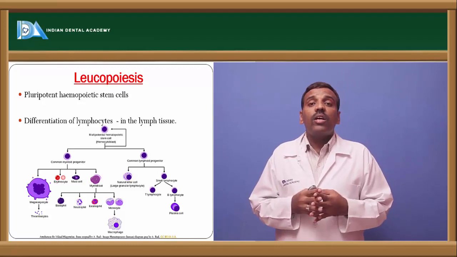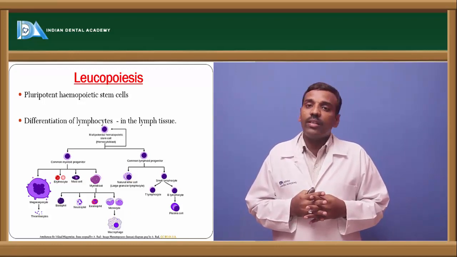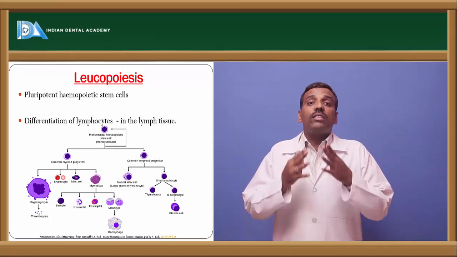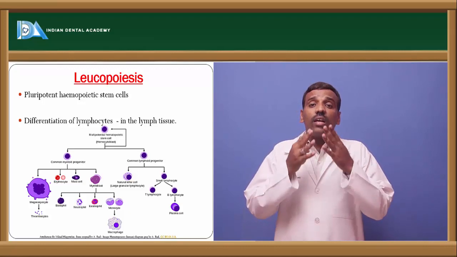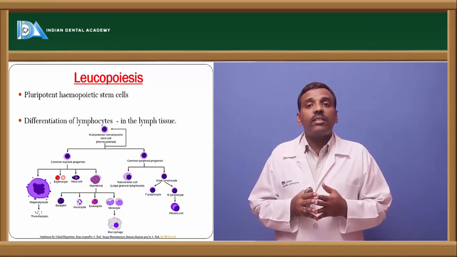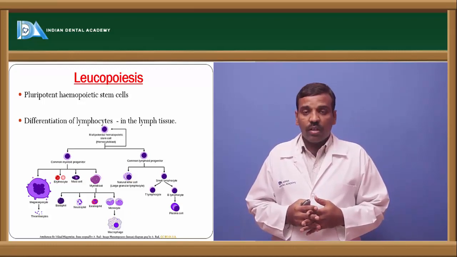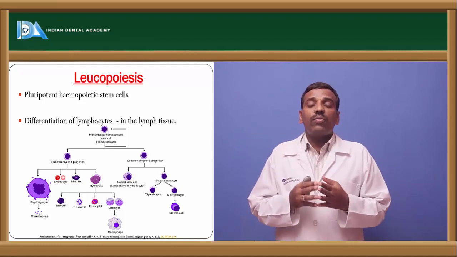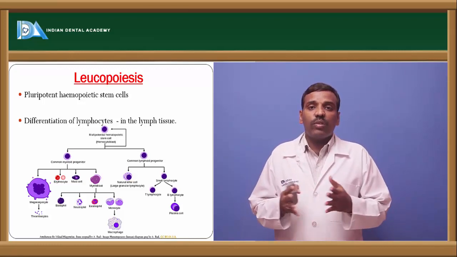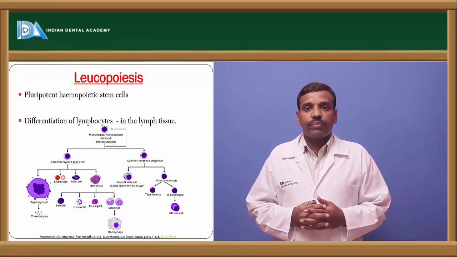Then there is development of four types of cells: CFU-E, which gives erythrocytes, CFU-M, which gives platelets, CFU-GM, which gives monocytes and granulocytes, and CFU-L, which gives lymphocytes. The last two, CFU-GM and CFU-L, give the complete WBC types, granulocytes and agranulocytes.